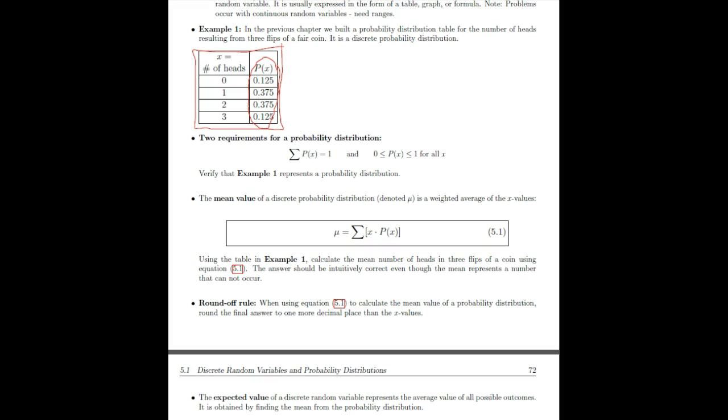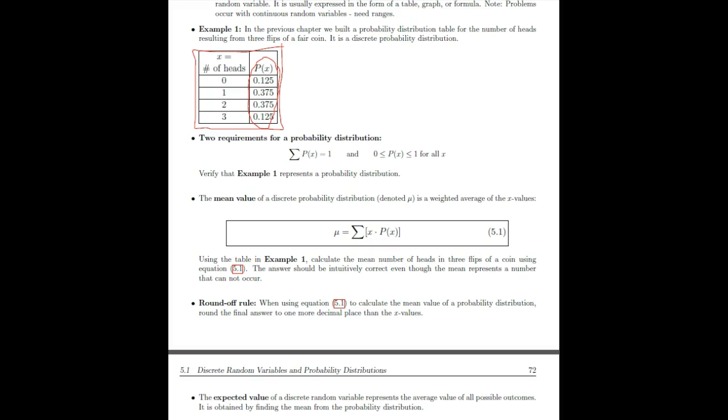Two things have to be true for a probability distribution, and these should make sense. One is that the sum of all of your probabilities must equal 1. When you add up all of these probabilities, they're always going to add up to 1.